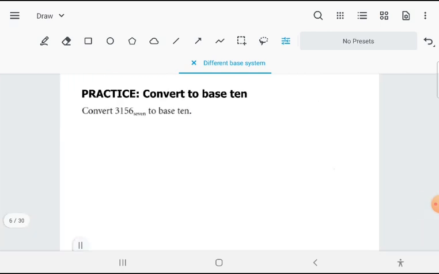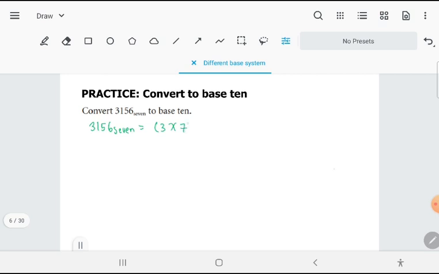Now let's practice with this one. I have to convert 3156 subscript 7, or base 7, to base 10. So let's just write that again. That means I'm going to multiply each of the digits to the base 7 raised to the power of n. So 3, that's in the fourth place value.